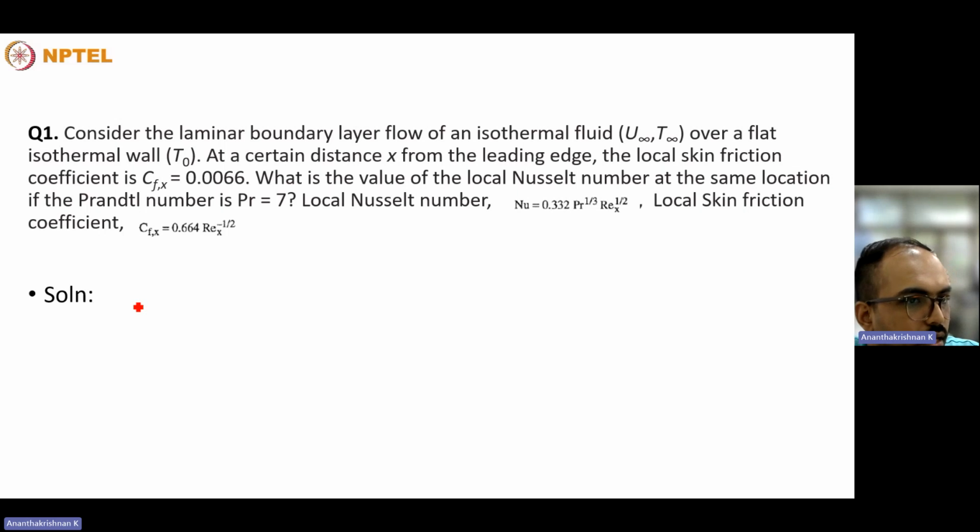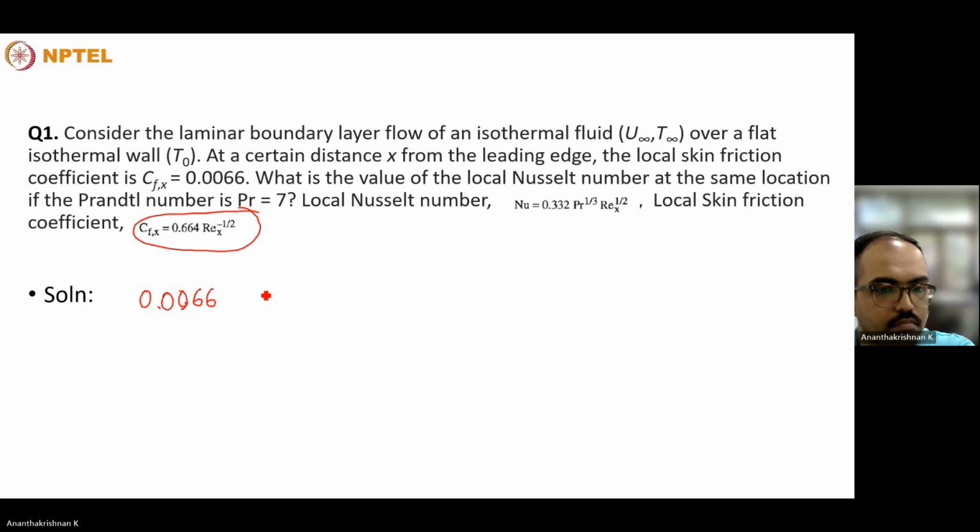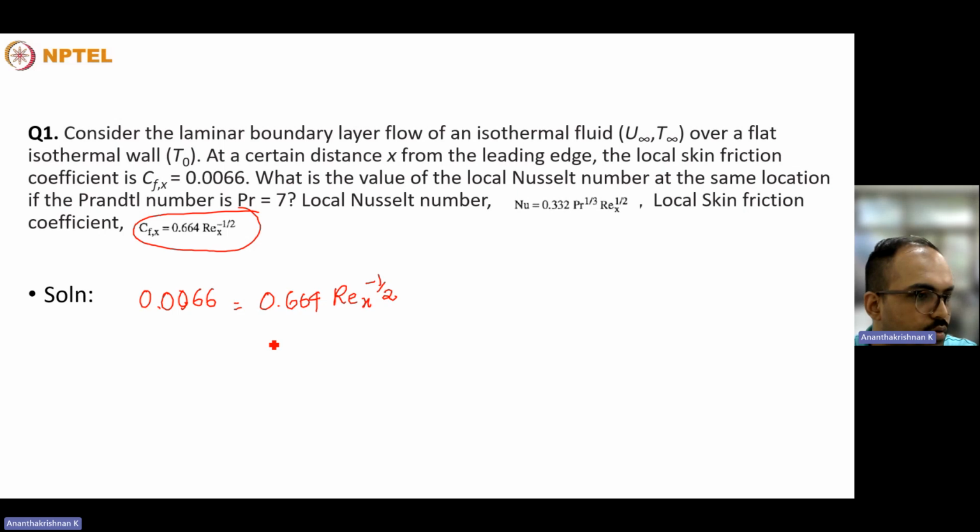So we need to calculate the local Nusselt number at the same location if the Prandtl number is equal to 7. It is given that the local skin friction coefficient is given by this formula, and the value is 0.0066. So we can substitute it. It's equal to 0.664 into Reynolds number raised to -1/2.